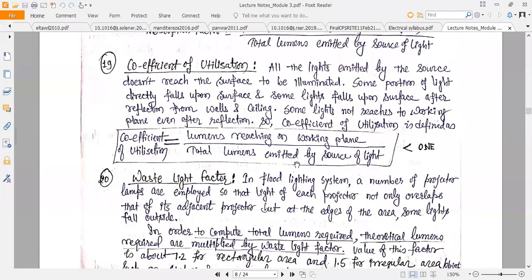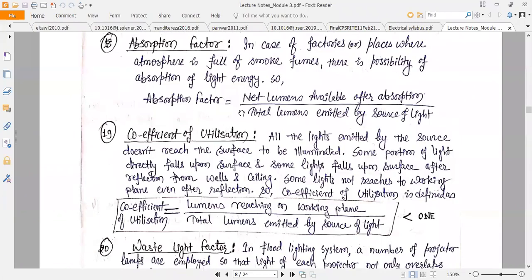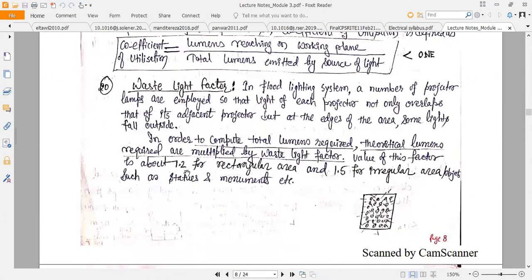So the lumens reaching that working plane divided by the total lumens emitted from the tube light. The ratio of these two is called the coefficient of utilization. Basically it talks about how much we are utilizing, and the absorption factor talks about how much is absorbed by the atmosphere. That is the basic difference between absorption factor and coefficient of utilization.